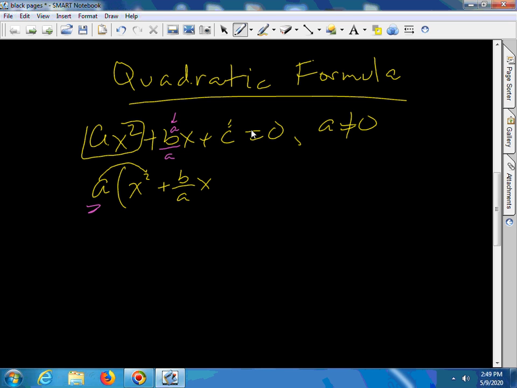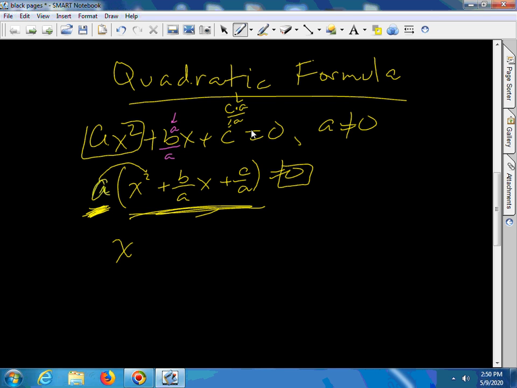And this is the same as c times a over a. And I factored out that a. So I get c over a equals 0. Now, since a is not 0, if this times this is 0, either this is 0 or that's 0. But that's not 0. So this is 0.